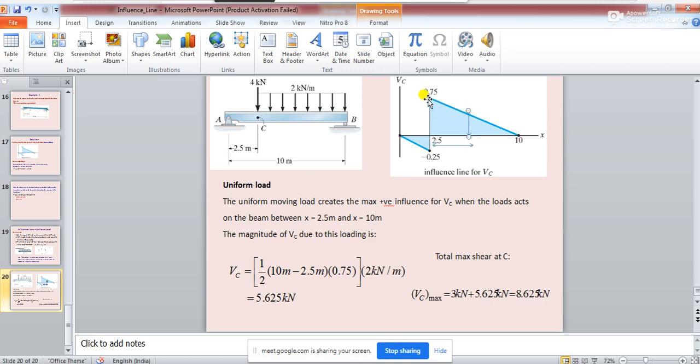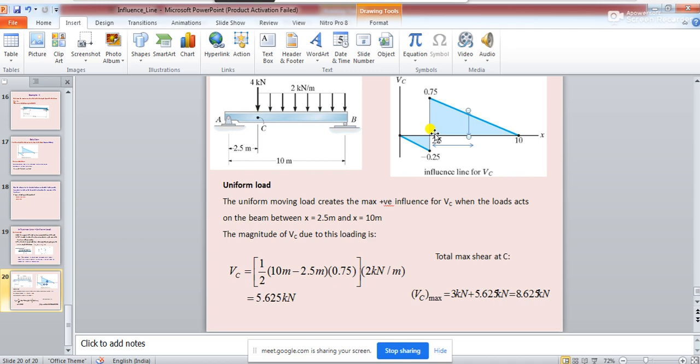So you are going to get a trapezoid like this, and in that case, if the length of the load is 5 meter, you will have to calculate the area of this trapezium, and the area of this trapezium needs to be multiplied with 2 kilonewton per meter, and thus this value will also change. So with the change in the length of the load, the value of the maximum shear will get modified. Basically it's very simple.